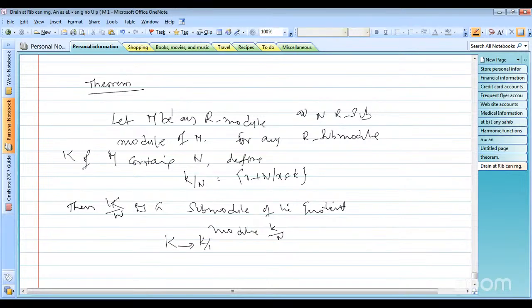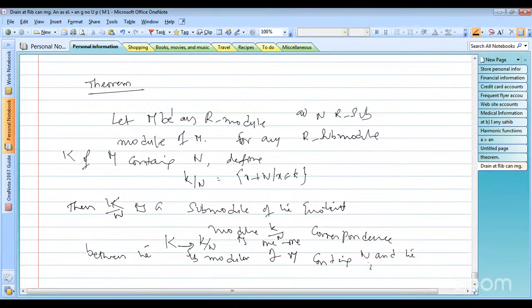K maps to K by N is a one-to-one correspondence, which is maintaining inclusion in the submodules.